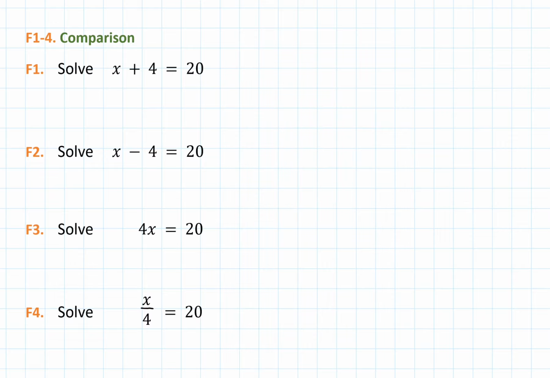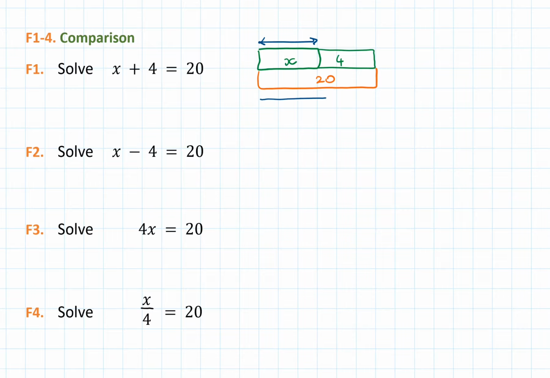So let's look at the first question. Here we have addition. Let's draw the bar model. x add 4 equals 20. We are trying to work out the value of x, which is our unknown. We can work out x by saying 20 take away 4 equals x. Therefore x is equal to 16 because 20 take away 4 is 16.